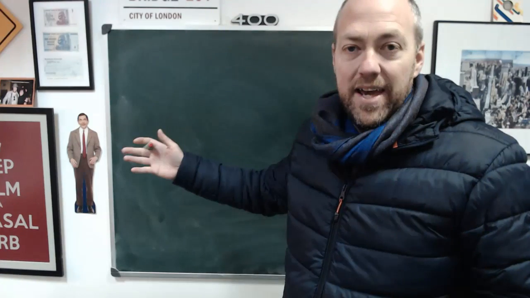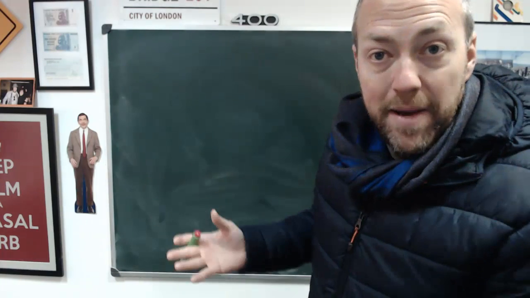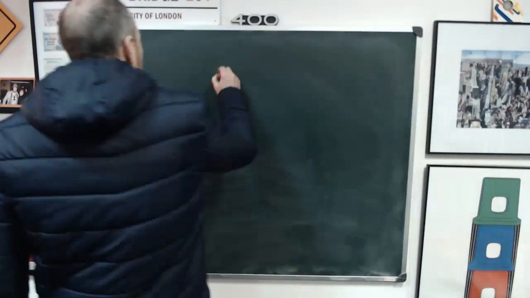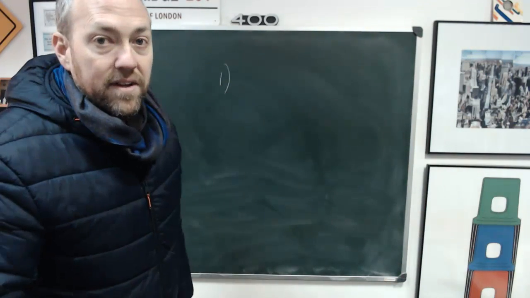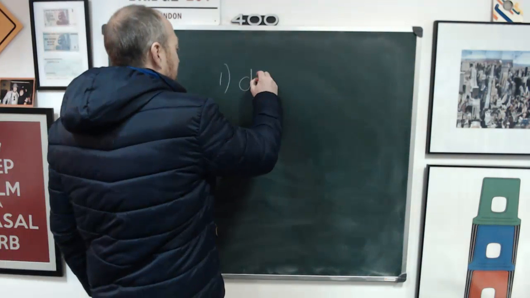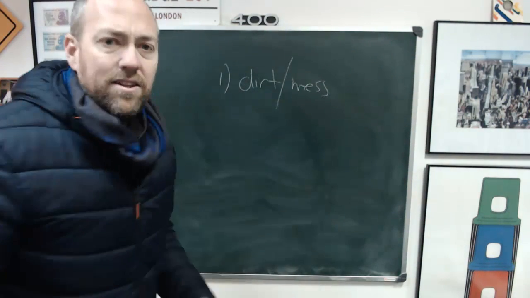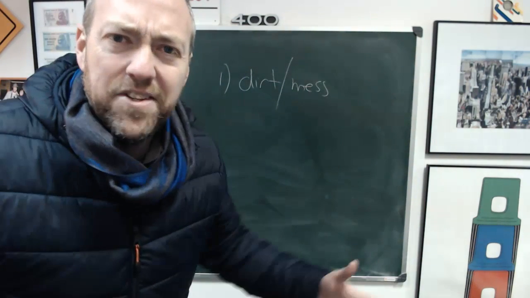There is food on the table, there's food on the floor, there are lots of pots and pans everywhere, okay? So I look at all of the information. I say, okay, number one, we have lots of dirt, right? Lots of dirt, lots of mess.